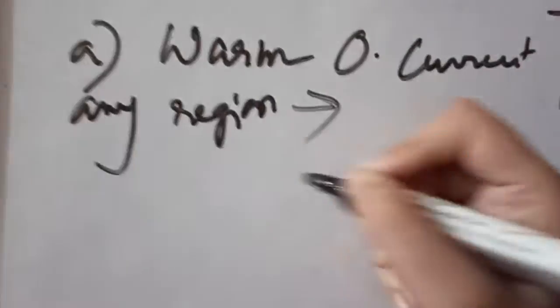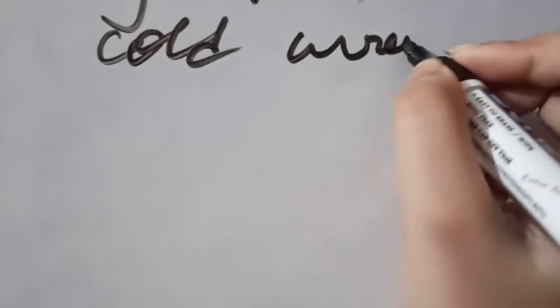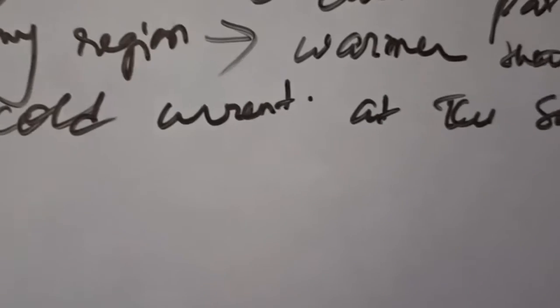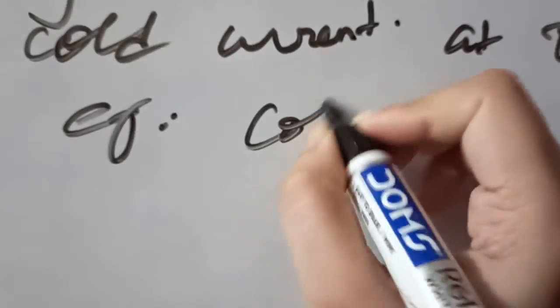It influences the climate over there, and the climate of that particular region becomes warmer than the areas which are covered by the cold currents at the same latitude. Okay, an example of this is the cold Labrador current.